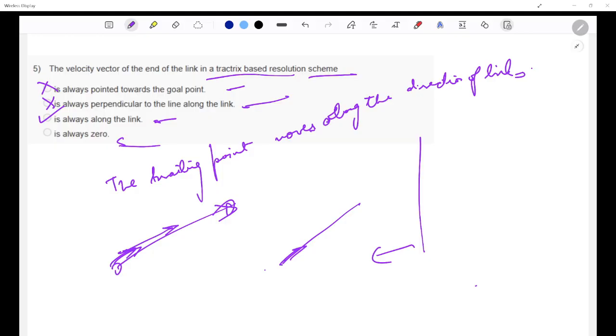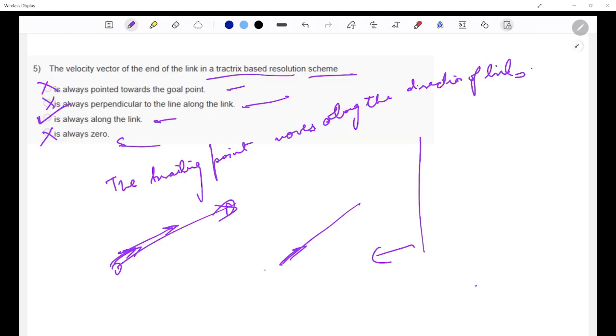And then option D, velocity is always 0. If velocity were 0, the point would not move at all. But the whole purpose of the tractrix scheme is to move smoothly while minimizing unnecessary motion, right? So this is also incorrect. So the correct option is C.